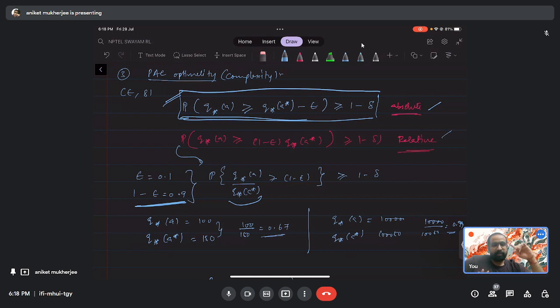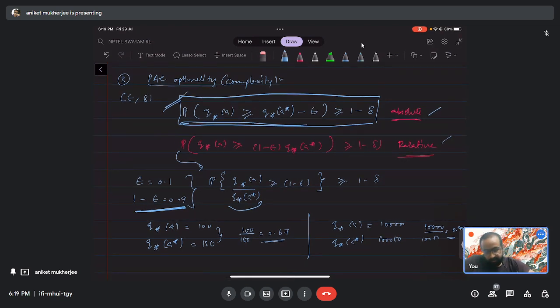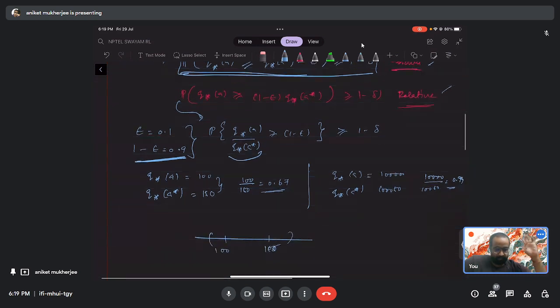The relative is just what Sir has written, and it compares how close you are as a percentage issue more than an absolute issue. You're right, absolute is stronger than relative. But this is the absolute one that Sir has told in the class. That is what is used for finding out PAC complexity.